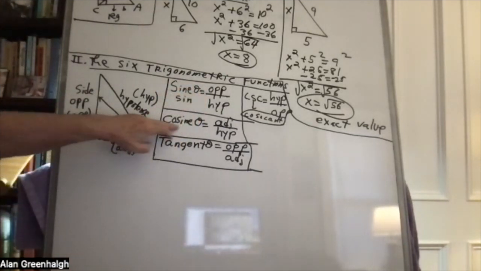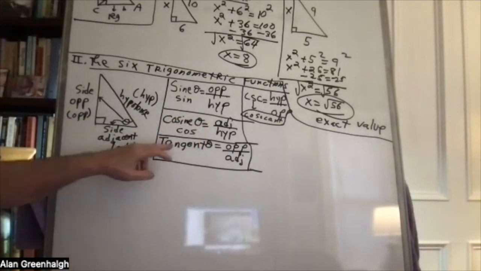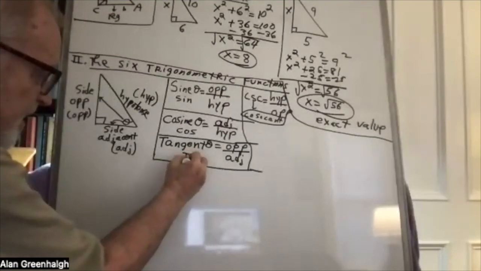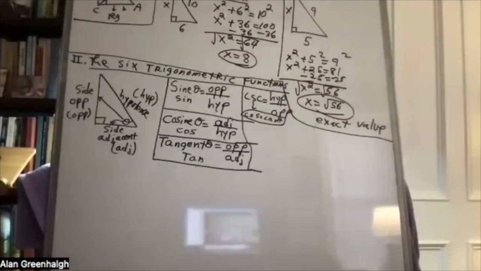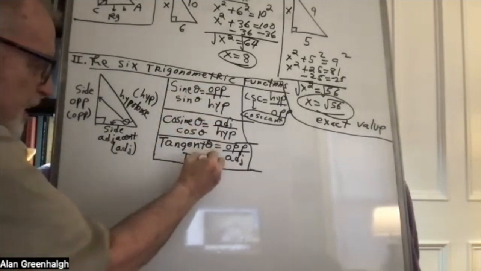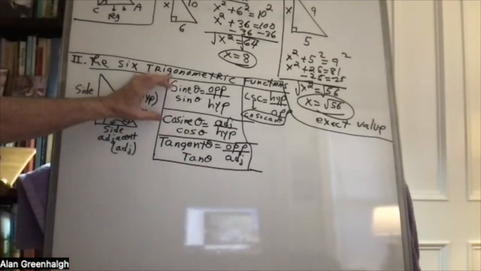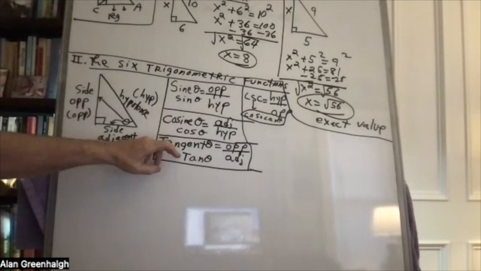Cosine is C-O-S, and tangent is T-A-N. But don't say S-I-N, just call it sine, cosine, tangent.